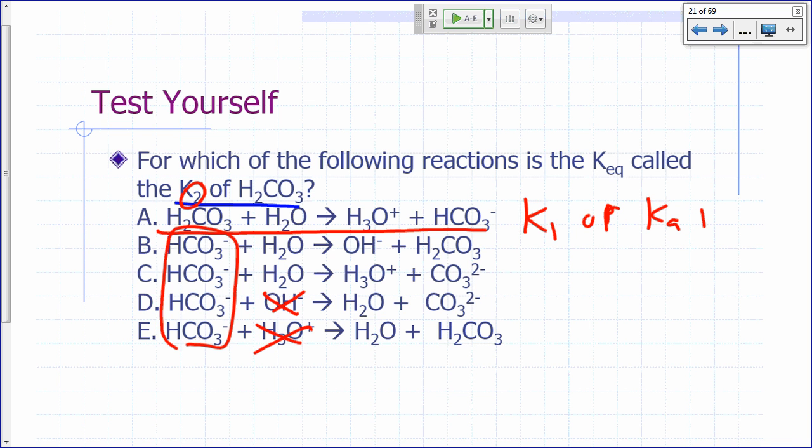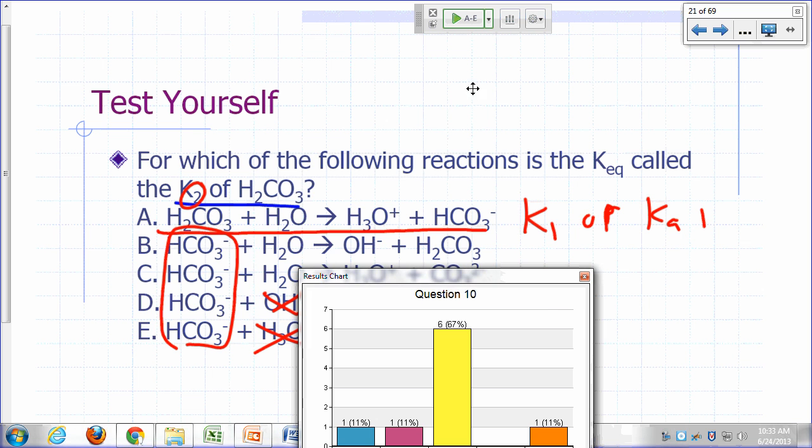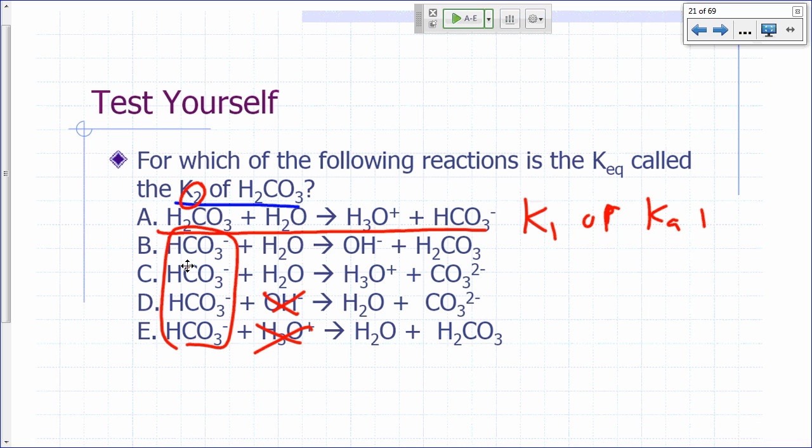It has to be reacting with water, transferring a proton to water. So which one is it, B or C? Let's see what you pick. C. Very good. Here you have HCO3 minus donating H+ to water, and then you get your carbonate. So that is the correct answer, C.